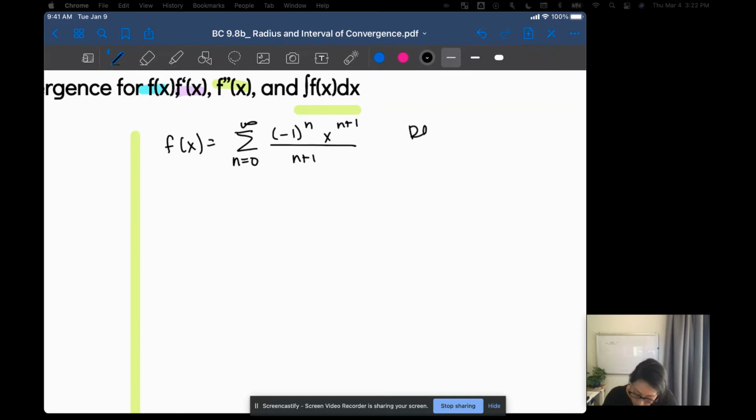And remember, we're going to take the derivative with respect to x. So the n's and everything else is just a fixed number. It's just a constant. It's a parameter.